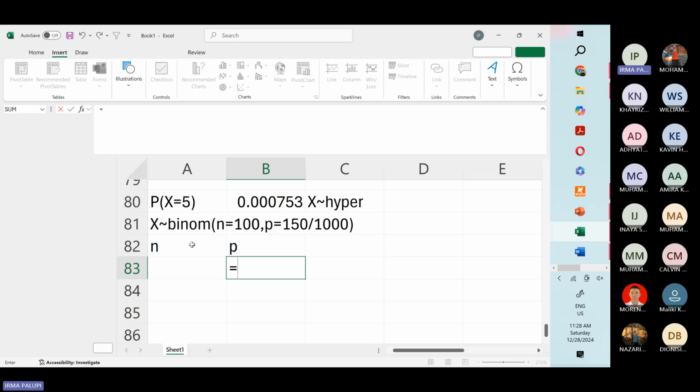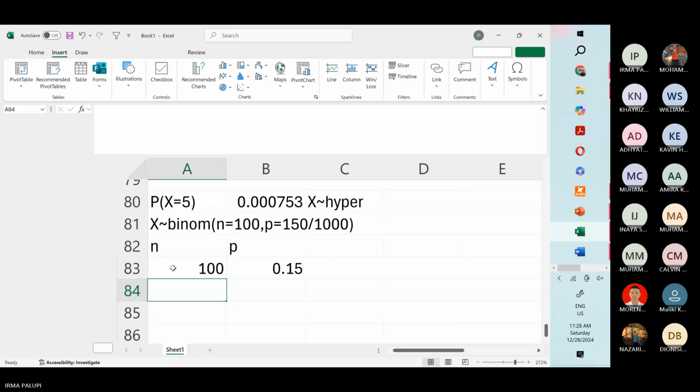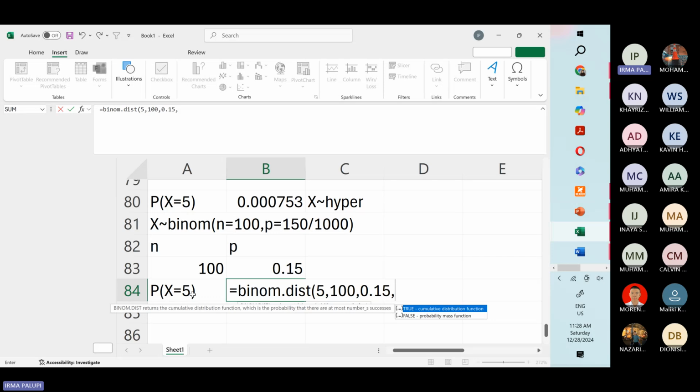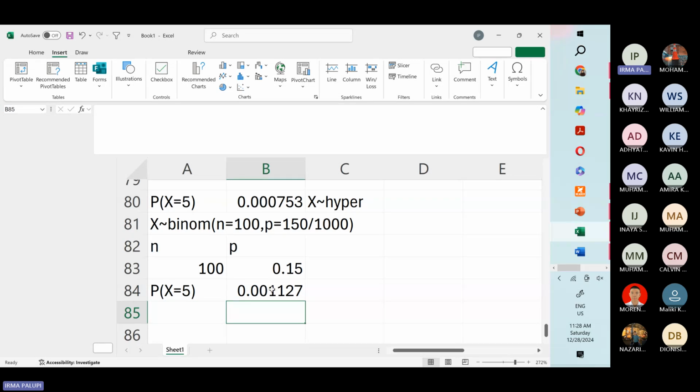Let's write it down here: P(X = 5), with the number of trials 100 and 0.6 for the success probability. So this is false.